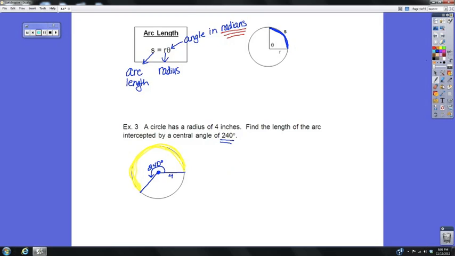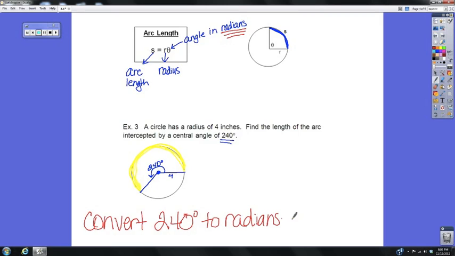Alright, the first thing we need to do is, I'm going to write it real big, we are going to convert 240 to radians. Alright, convert. 240 times pi over 180 is going to turn into 4/3 pi.